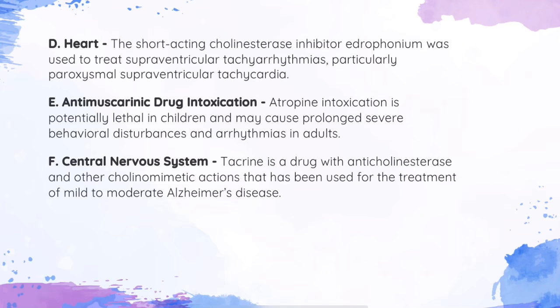In antimuscarinic drug intoxication, the poisoning is potentially lethal in children and may cause prolonged severe behavioral disturbances and arrhythmias in adults. In the CNS, tacrine is a drug with anti-cholinesterase and other cholinomimetic actions that has been used for the treatment of mild to moderate Alzheimer's disease.